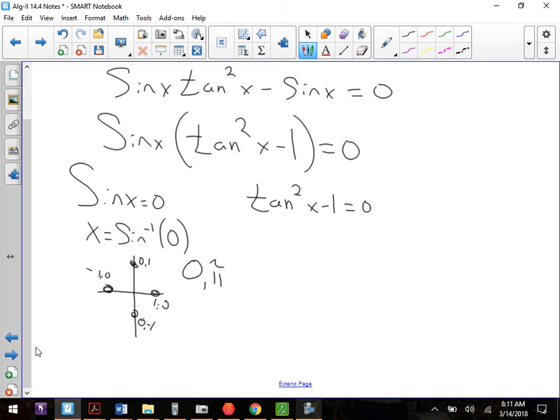Tangent squared of x minus 1 equals 0 means I have to do 1 first. Add 1, very good. So I have tangent squared. How do you undo squaring? Square root, what's the square root of 1?